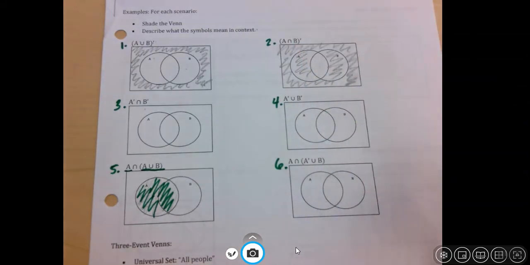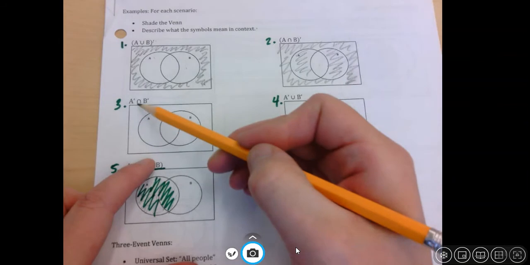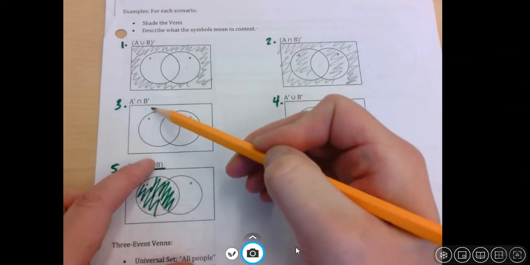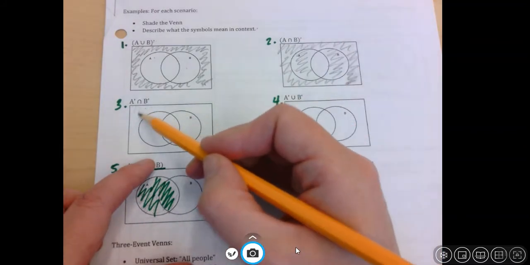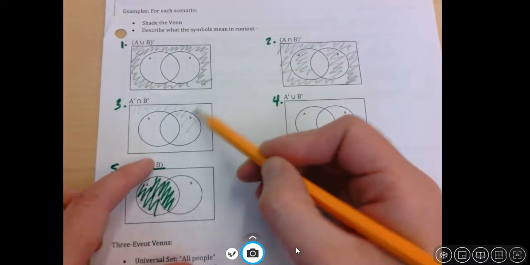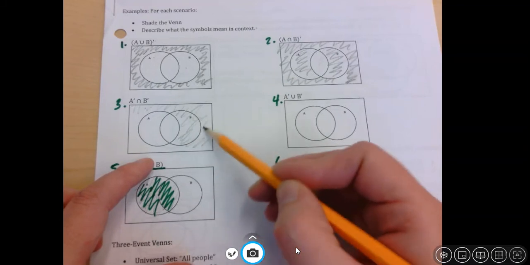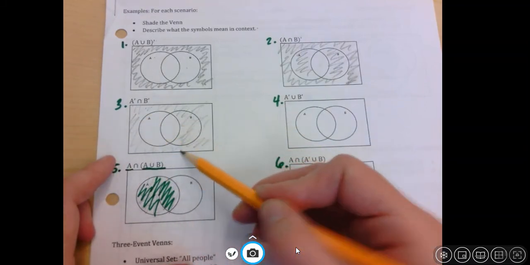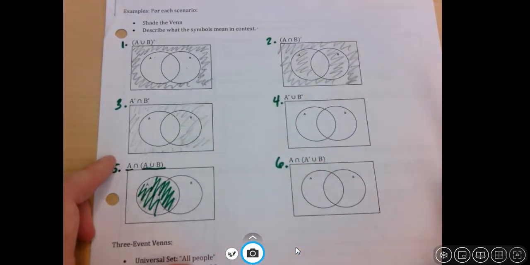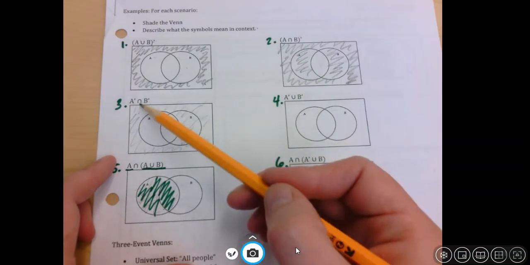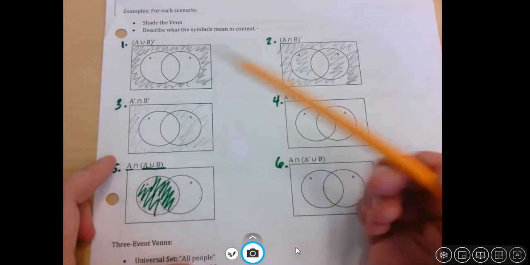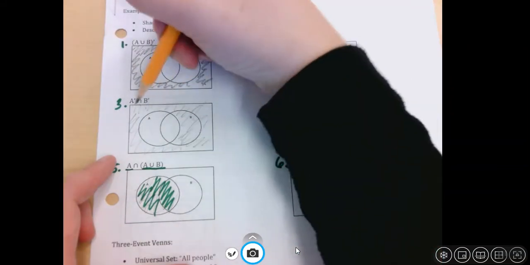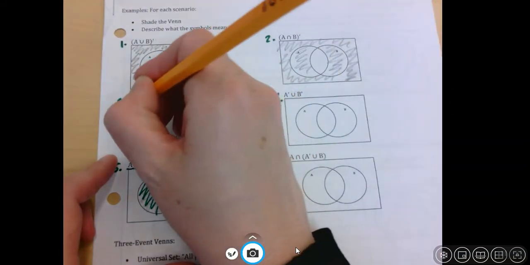Okay, so for number 3, we have the intersection of not A and not B. So where is not A going to be? Where's not A? Outside of A, right? I'm going to lightly shade not A so that I can keep that in my head while I'm thinking about not B. So that's my not A, and I want the place where this overlaps with not B. So not B is outside of B. Maybe I'll do like a cross like this.